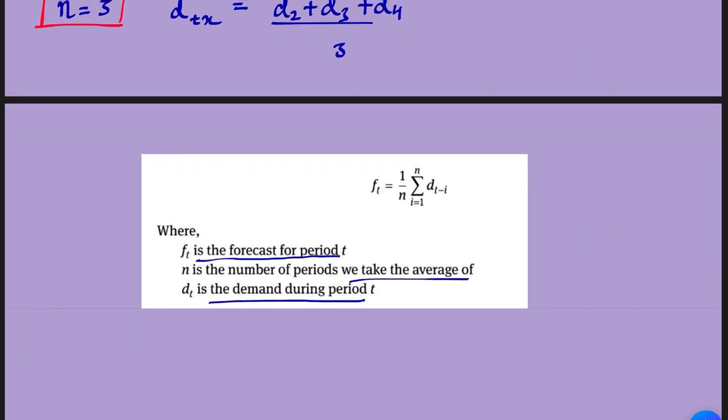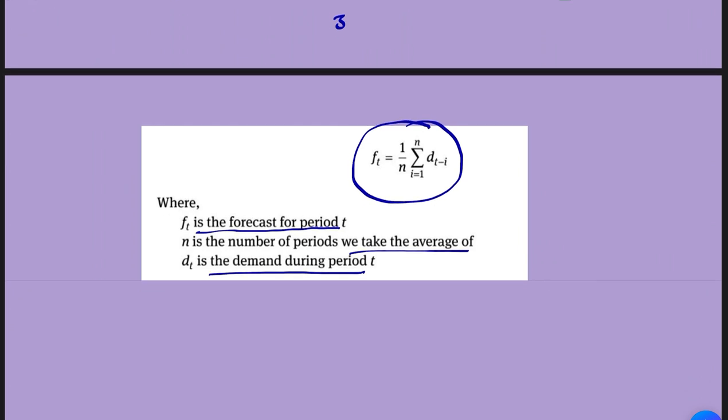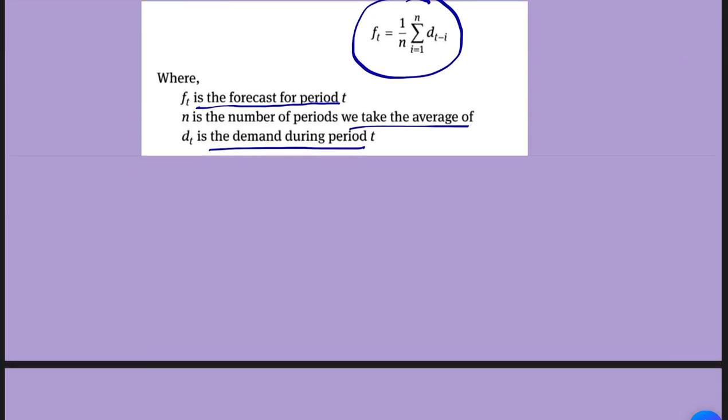One of the basic formulas for the moving average is 1 upon n times the sum of the demands in those n periods. The forecast at period t is ft, n is the number of periods we have to take the average of, and d is the demand during that period.